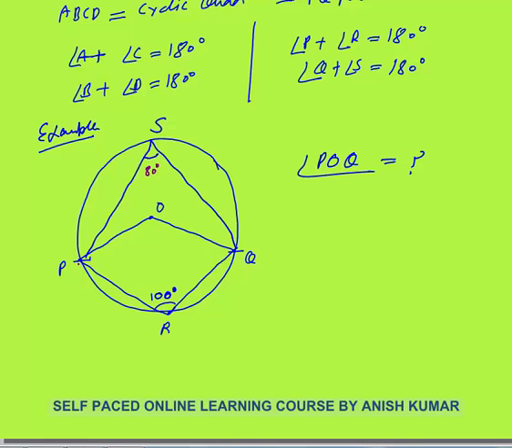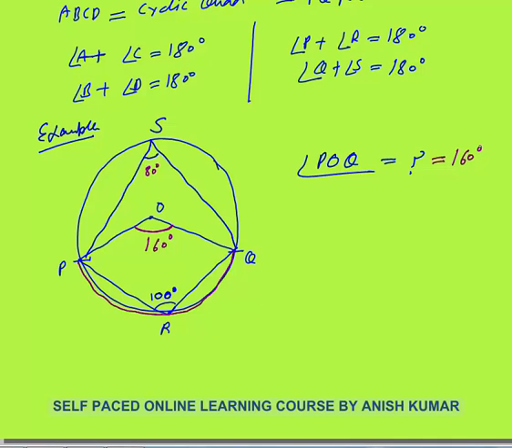Now take the arc PRQ. This arc is making an angle of 80 degrees at a point on the circle. The same arc will make double the angle at the center. So this angle will be 160 degrees. So POQ will be 160 degrees.